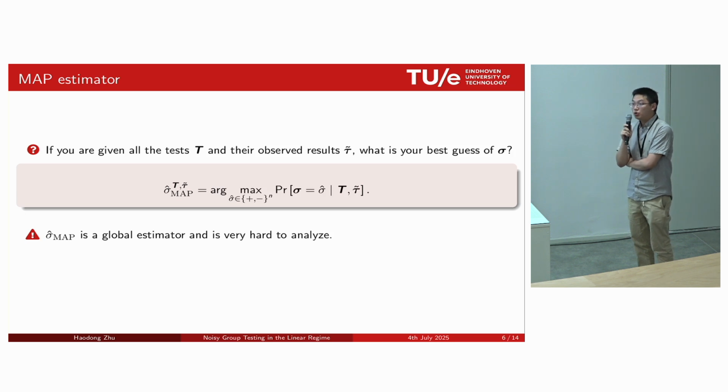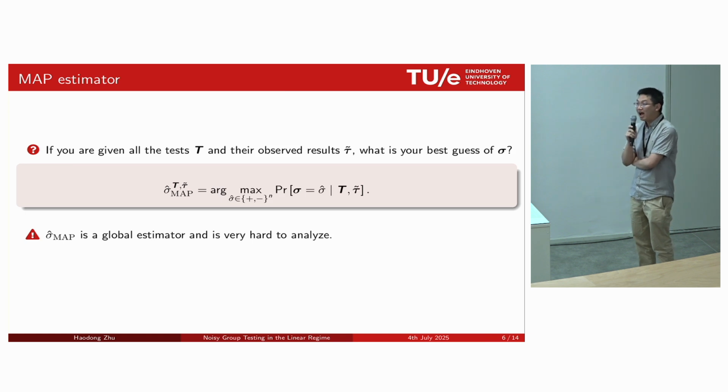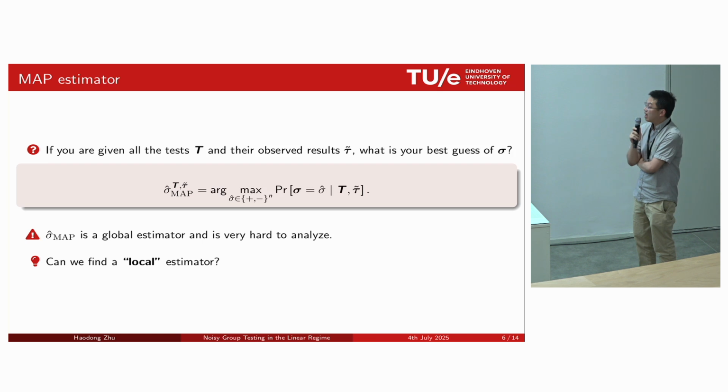So the thing seems to be easy. We can just design tests, get the test results, plug them into the MAP estimator, and get a prediction. However, this MAP estimator is very hard to analyze because it is a global estimator. To overcome this problem, we aim to find some local estimator which makes the computation easier.